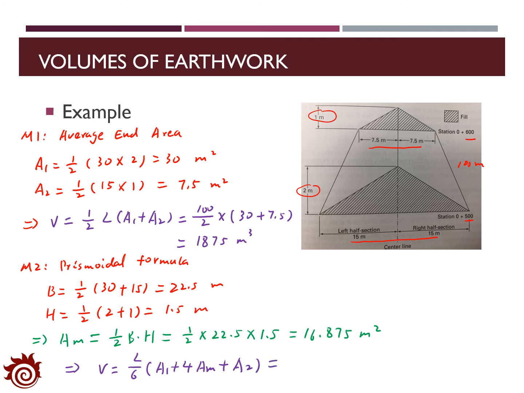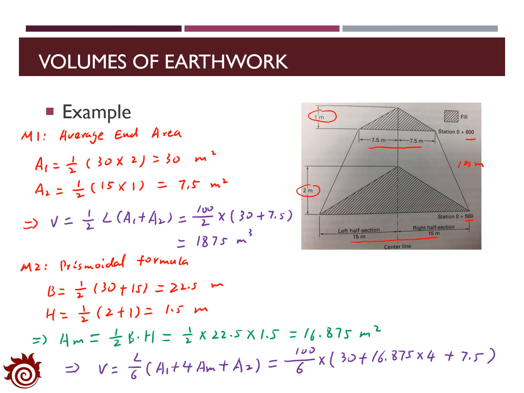which is 100 divided by 6 times 30 plus 16.875 times 4 plus 7.5.